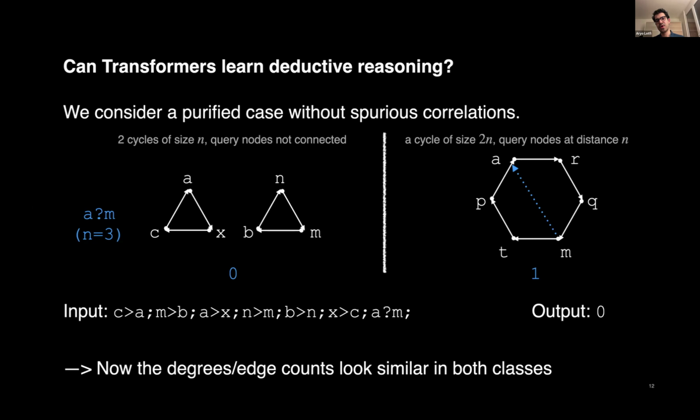Maybe it's a bit hard to see for n equals 3, but if you consider a large n and check the neighborhood of 2 nodes, for example a neighborhood of constant size 5, you can see that the neighborhood of the nodes in the positive samples and the negative samples is the same. So that is kind of what makes this dataset hard, as we will see.